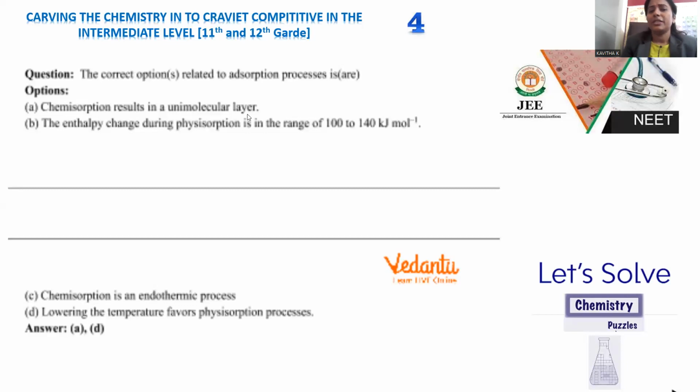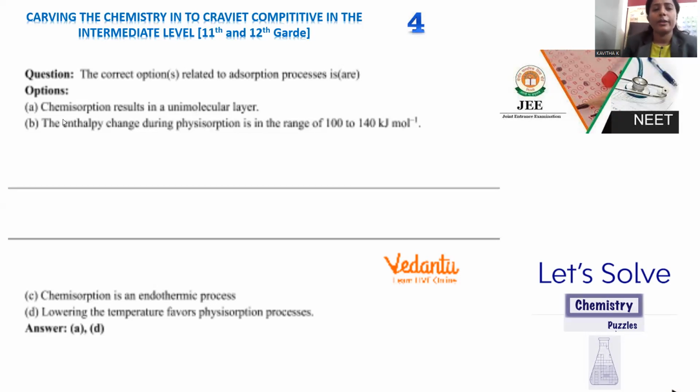Adsorption is always categorized into two types: one is physical adsorption, second is chemical adsorption. Adsorption is the process of binding of two species. One is called the adsorbate, second is called the adsorbent. The one on whose surface adsorption happens is called the adsorbent, and what comes to occupy the surface is called the adsorbate.